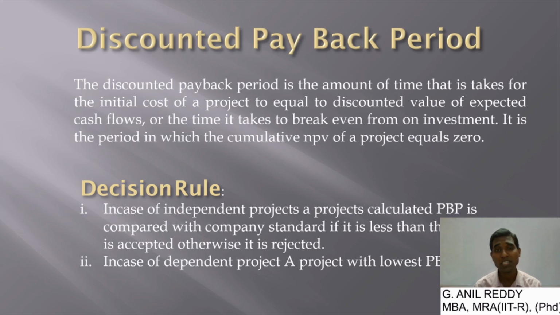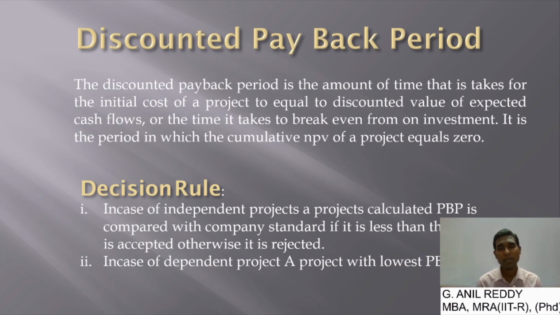So under traditional methods we were having two methods. One is payback period and the ARR, accounting rate of return. The very first method under traditional methods is payback period. Under traditional payback period, we were not using any discounted tables. But here under discounted payback period method, we make use of certain discounted table values.